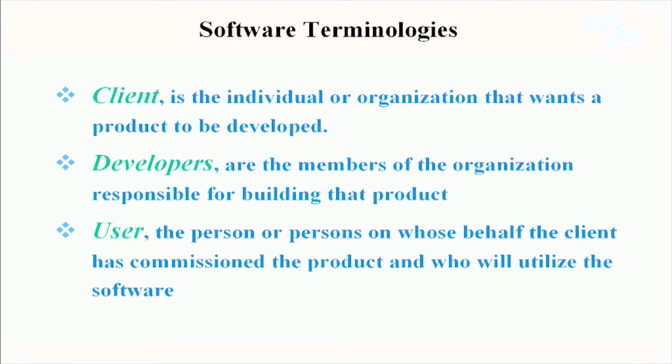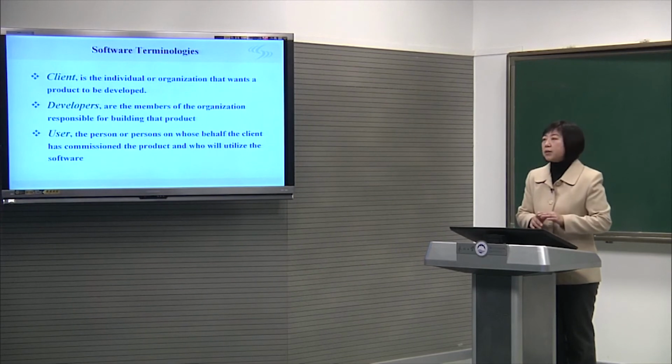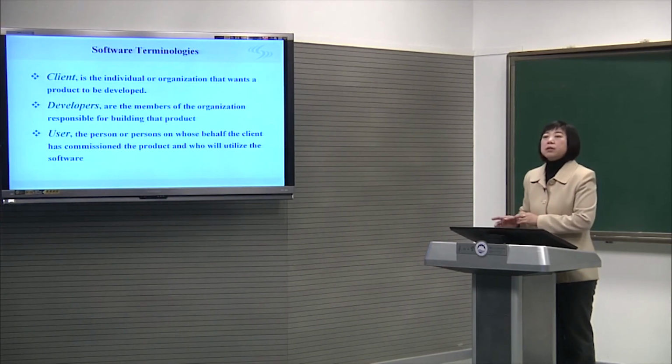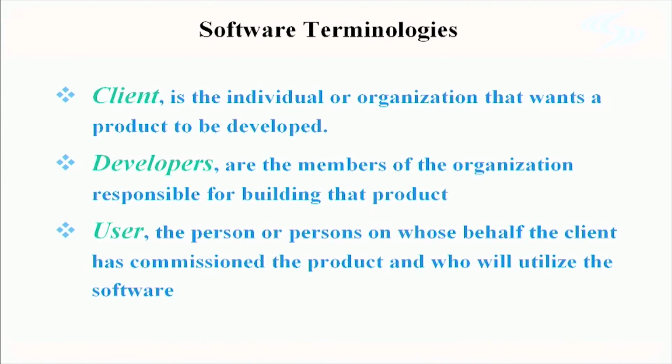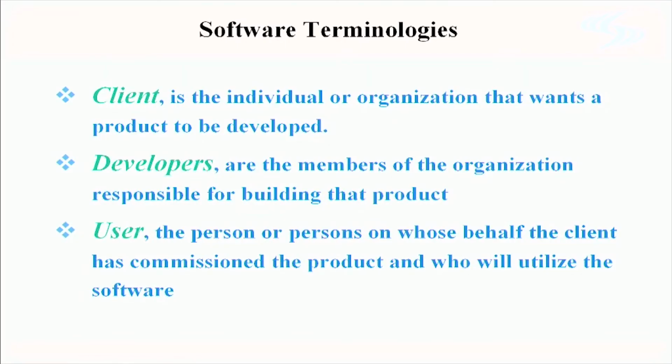That means it is the client who will pay for the target software. Developers are the members of the organization responsible for building that product, that means the members of the software development organization. And the user is the person or persons on whose behalf the client has commissioned the product and who will utilize the software.